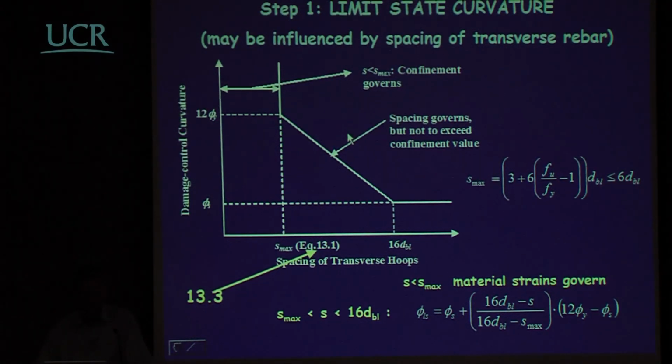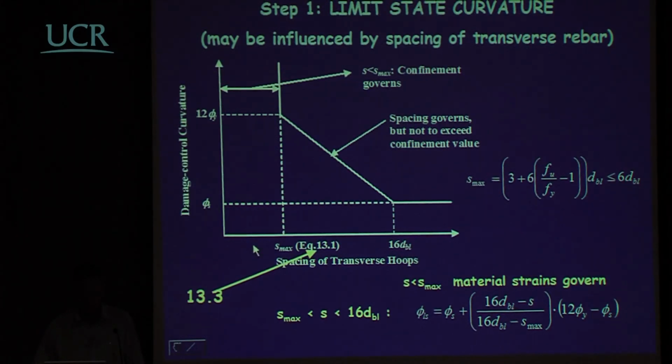So we've tried to make some estimates. They're not particularly scientific, but they're based on our experience as researchers and engineers as to the influence of the spacing of the transverse reinforcement on the available damage control curvature.